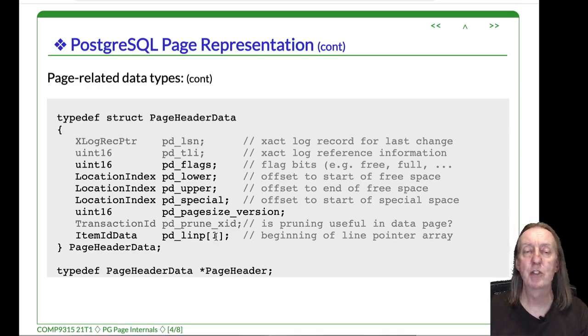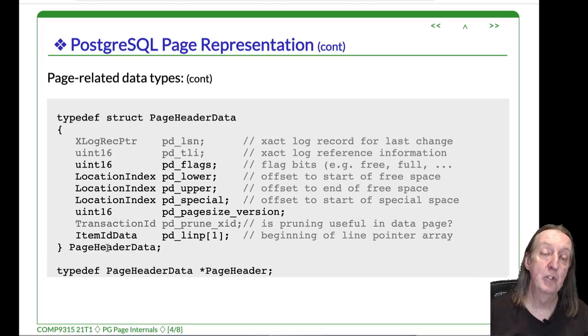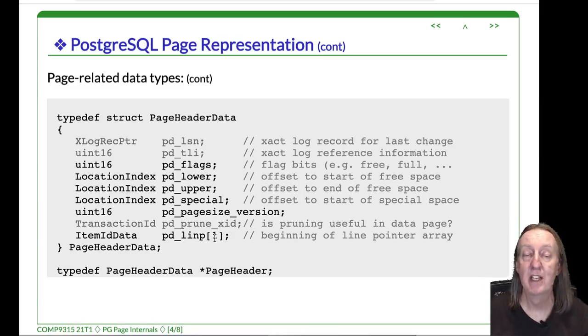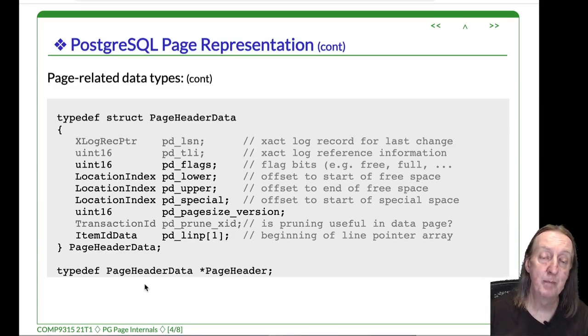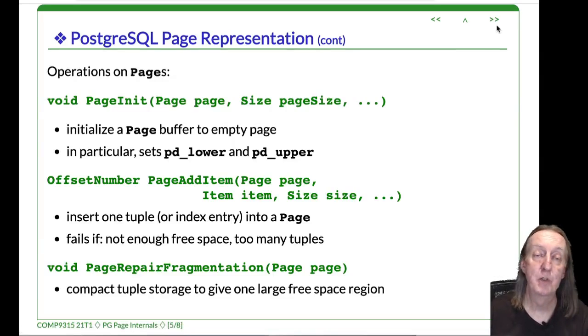Postgres uses this trick a lot. So it will define something like this, and then it will allocate some memory with this at the start of the memory, and then the rest of the memory will be used to hold the rest of this array, and the array can be as large as will fit in that memory. Right, so we can get an index into the page header data as well.